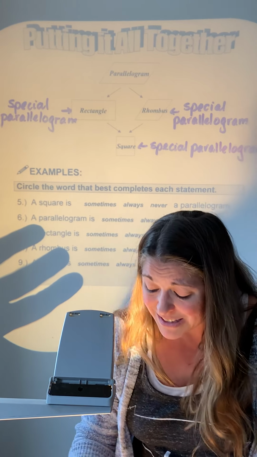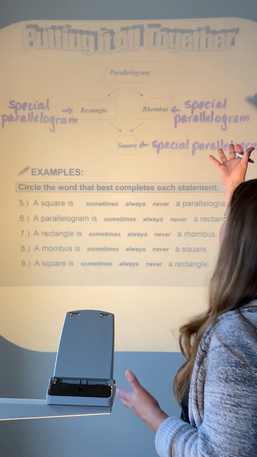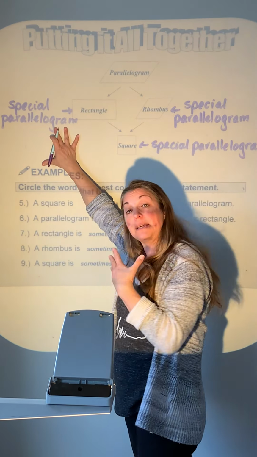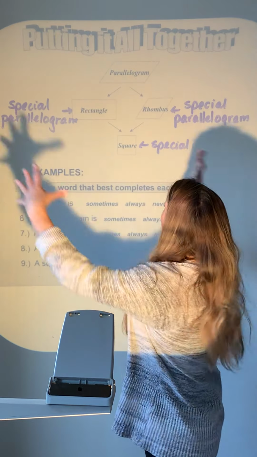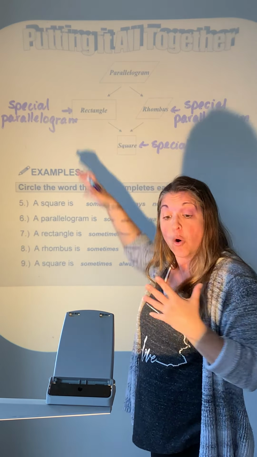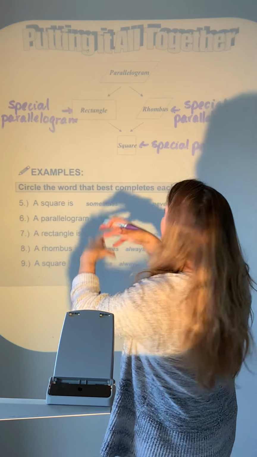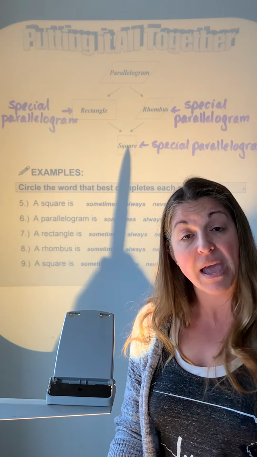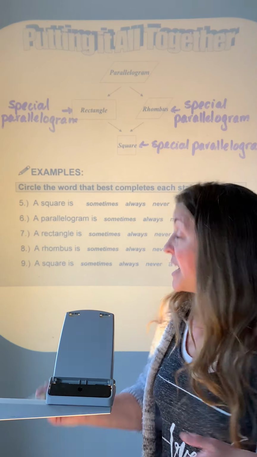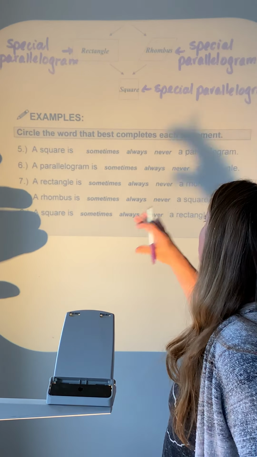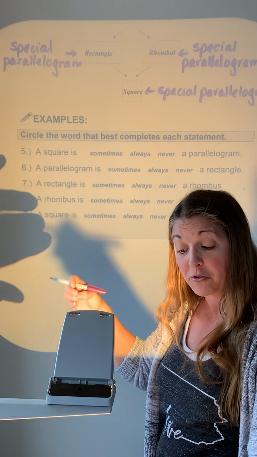It could just be your standard parallelogram that looks kind of like this, or we could straighten it up to make it a rectangle, or we could condense it in so all the sides are the same, or we could do both of that and get this square. So all of these are technically parallelograms. Now the square though is even more special because we've put both the rectangle and rhombus together to form it.